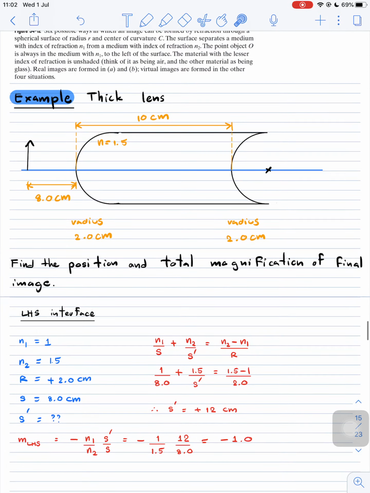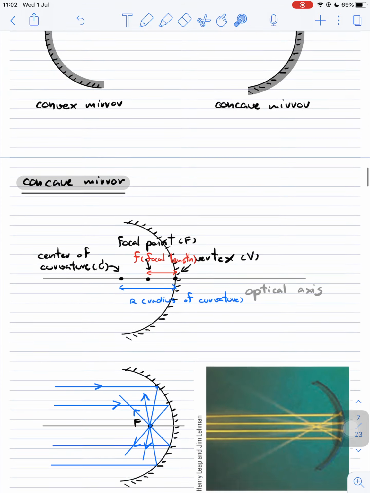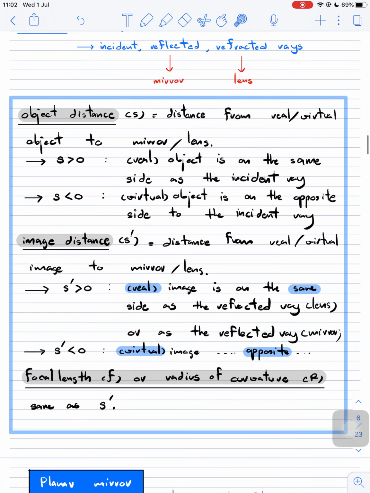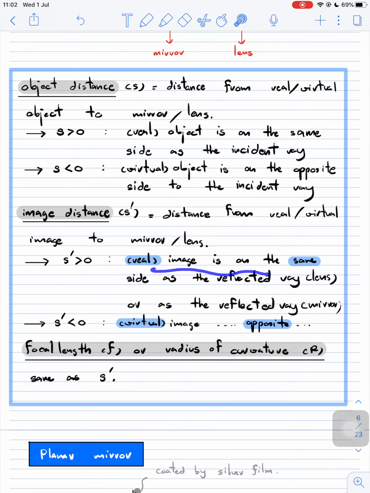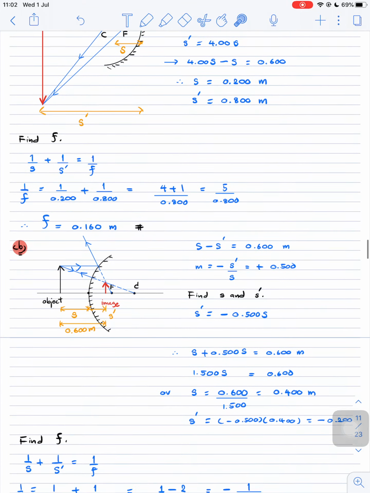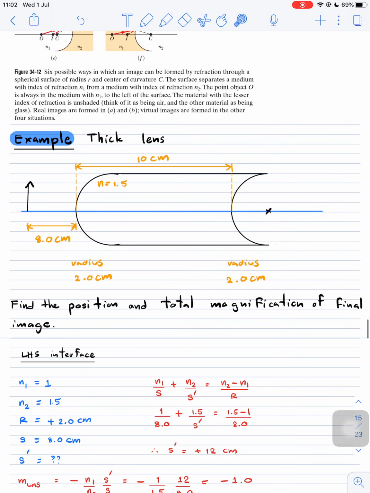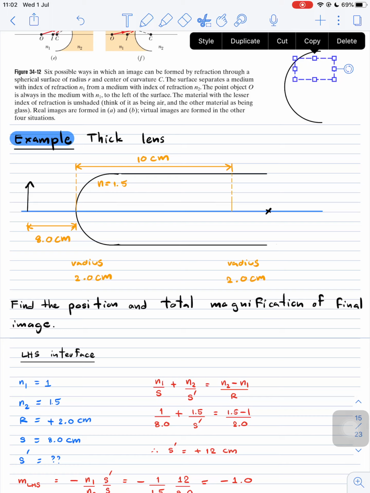It means that the image must be on the same side as the refracted ray, okay? So if we only consider this interface, let's just ignore this part.